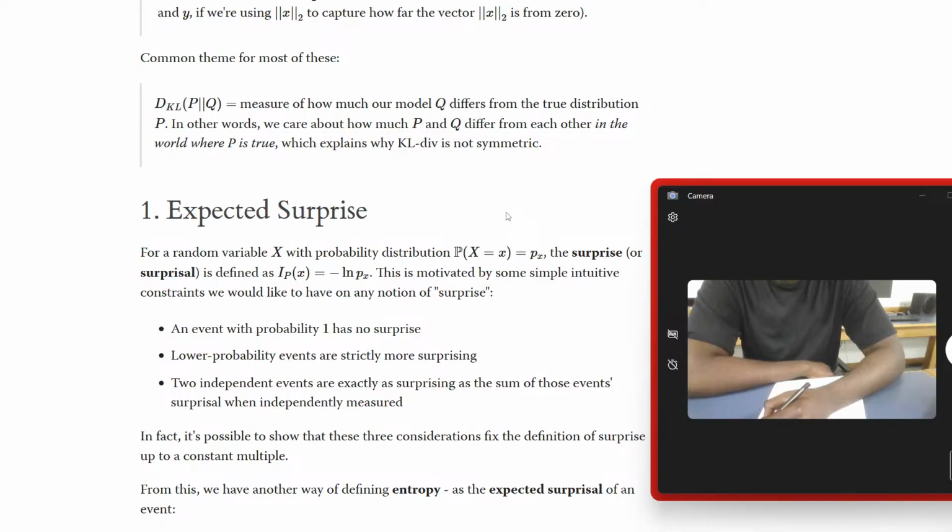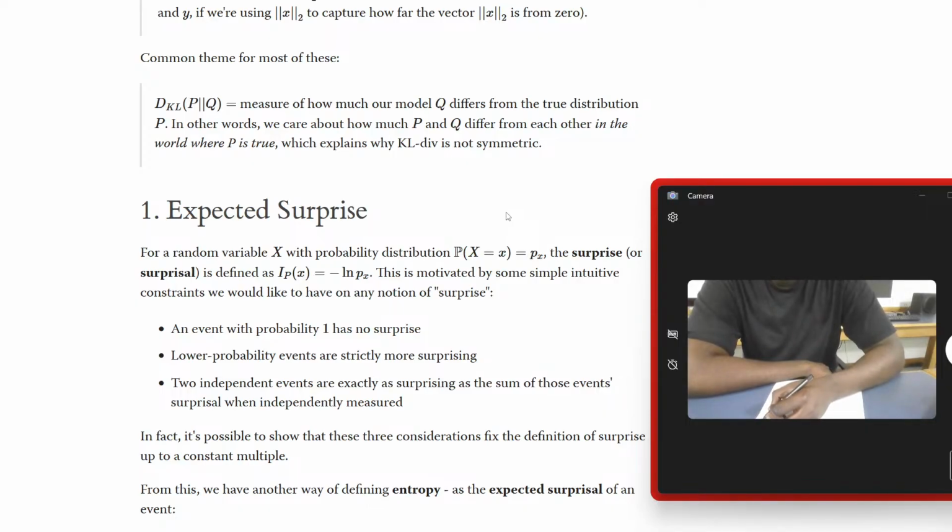So, let's say I(P) of 1 should be equal to 0. I of X, hold on, so low probability events are strictly more surprising. So if P(x) is less than P(y), that implies that I(P(x)) is strictly greater than I(P(y)).